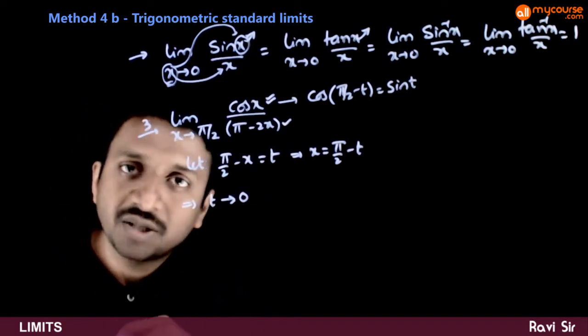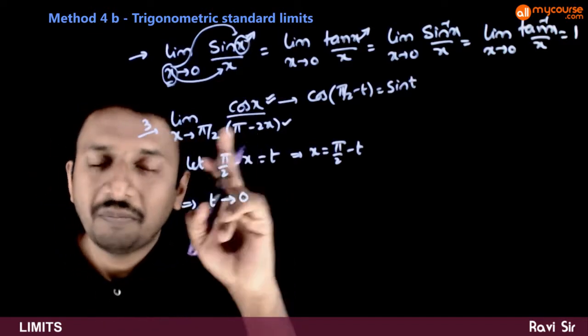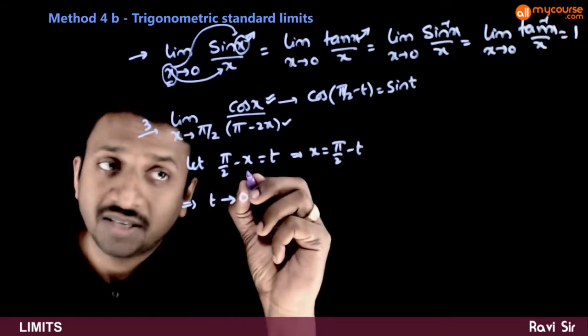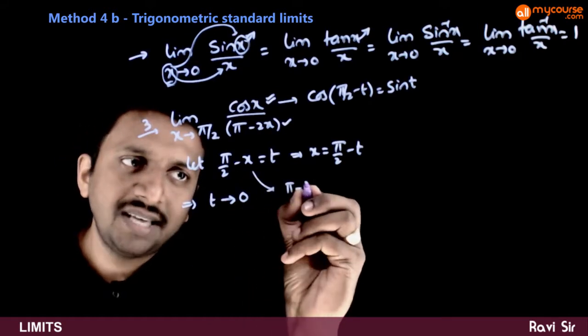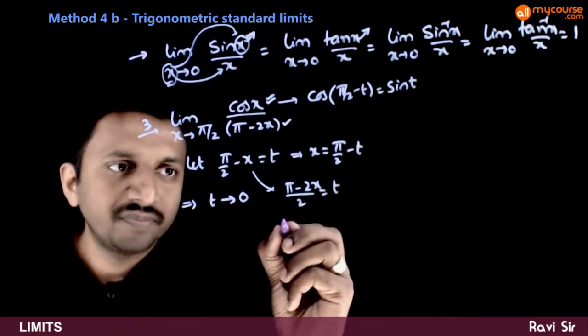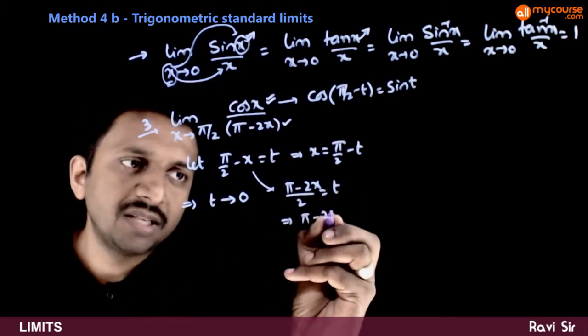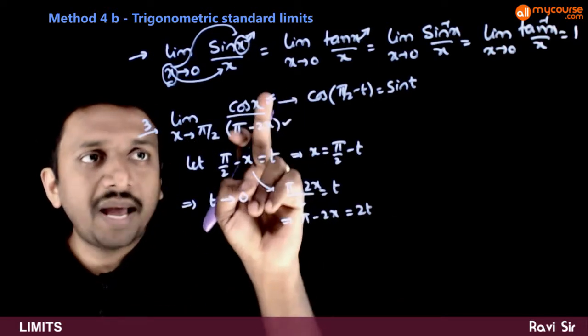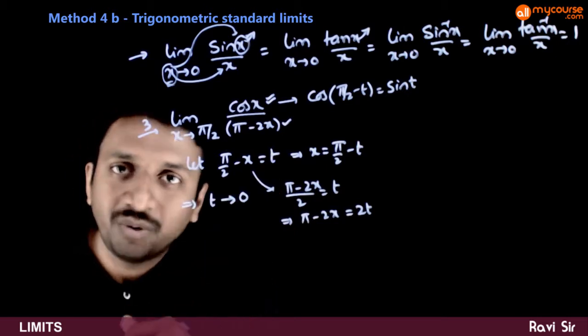And what is pi minus 2x? If you take the LCM, pi minus 2x by 2 is equal to t. So pi minus 2x is equal to 2t.